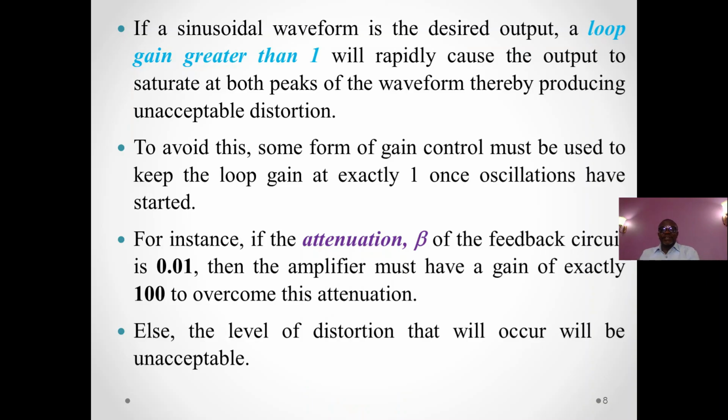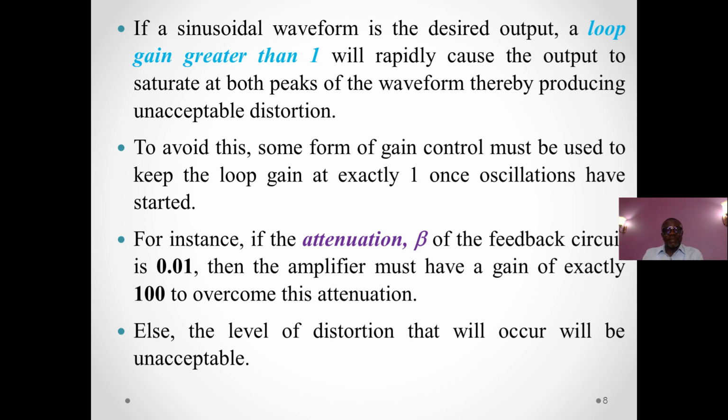Now, that is what is explained here. If a sinusoidal waveform is the desired output, a loop gain greater than 1 will rapidly cause the output to saturate at both peaks of the waveform, thereby producing unacceptable distortion.